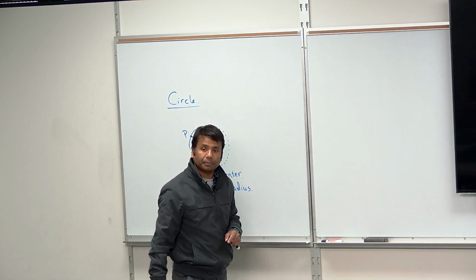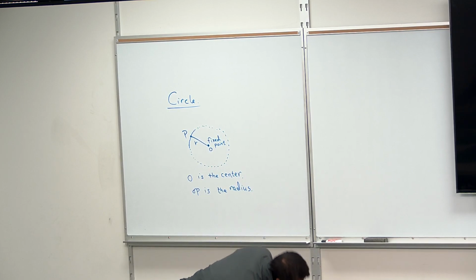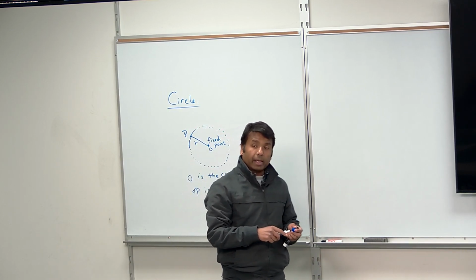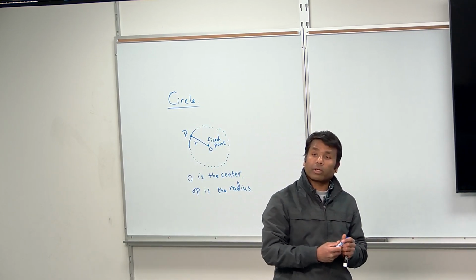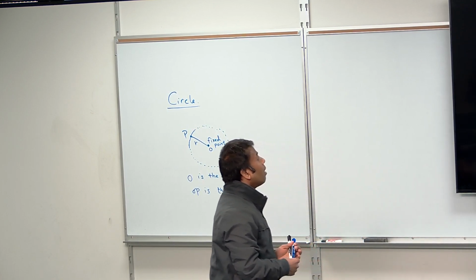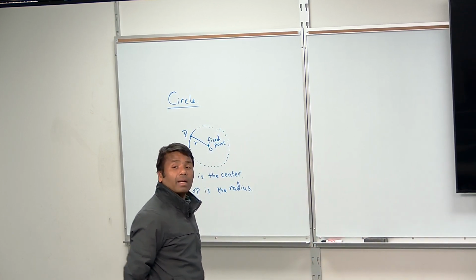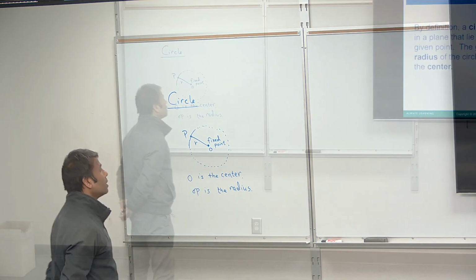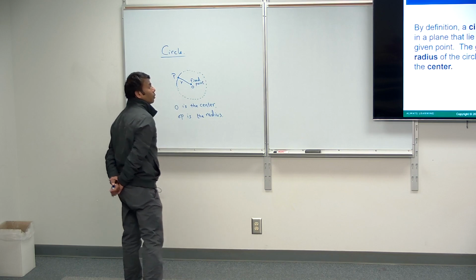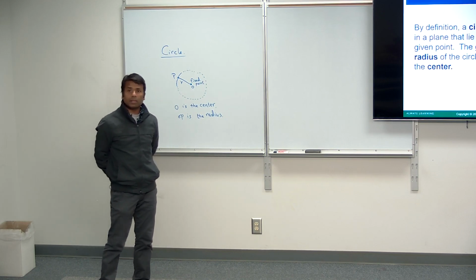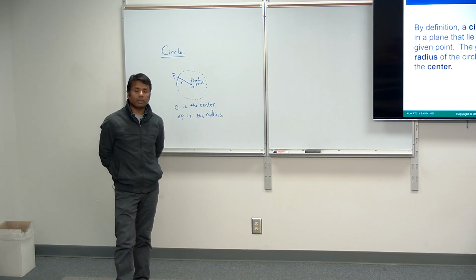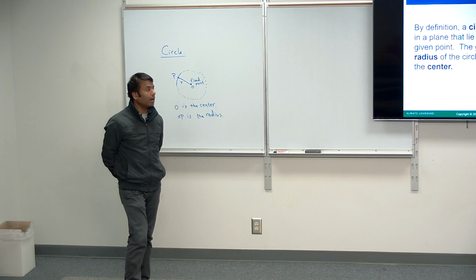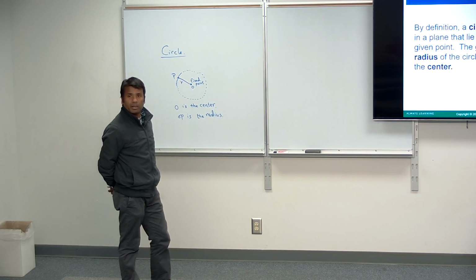So the circle is the set of all points in a plane that lie at a given distance from a given point. The given distance is called the radius, and the given point is called the center.